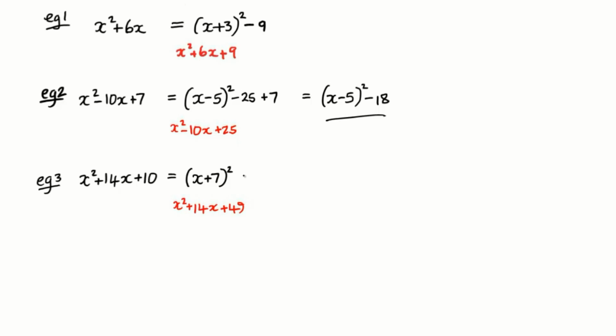So I need to subtract 49 to take account of the 49 that the square bracket has introduced, but I want there to be a plus 10 at the end. Tidying that up, my expression is that, and that is in completing the square form. Expand that out, I get back to the original.